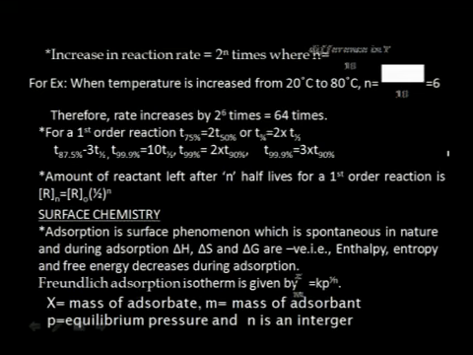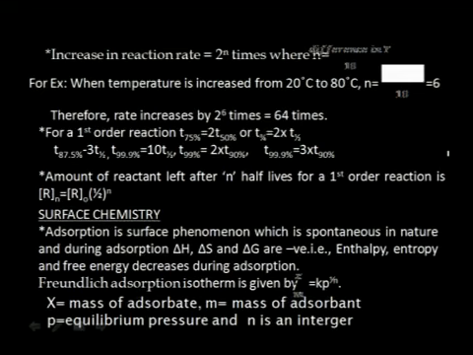For a first order reaction, the rate constant is given by 2.303 by t log R naught by R, and the time is 60 minutes here. So 2.303 by 60 minutes into log of R naught, the initial concentration, which is 1.24 into 10 power minus 2, and then the concentration after 60 minutes, that is R, equal to 0.20 into 10 power minus 2. And when you divide this, it is equal to 6.2.